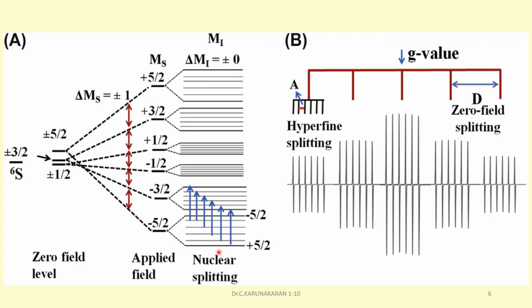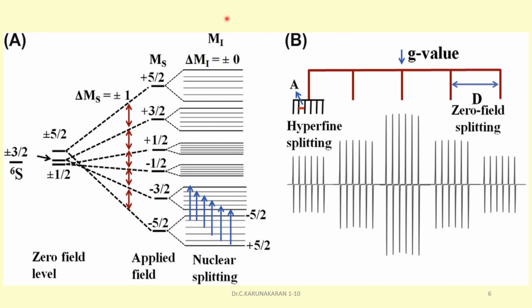In this, each fine structure line is split into 6 lines, 1, 2, 3, because of the transition from plus 5 by 2 to minus 5 by 2. In the case of NMR, plus 5 by 2 is the ground state, as I have already told. In the case of EPR, minus 5 by 2 is the ground state.